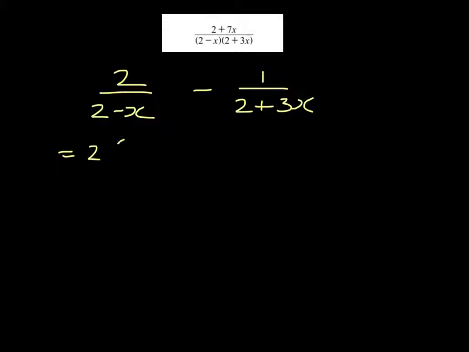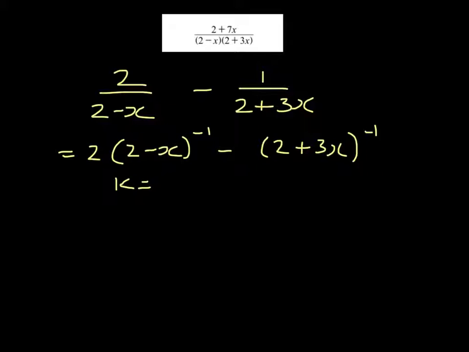I'm going to rewrite this in the partial fractions, which was 2 over 2 minus x minus 1 over 2 plus 3x. So that's 2 times 2 minus x to the power minus 1, minus 2 plus 3x to the power minus 1. In the first one, we're going to use our answer to part 2, but we're going to let k equal minus 1. And in this expansion, I'm going to let k equal 3.